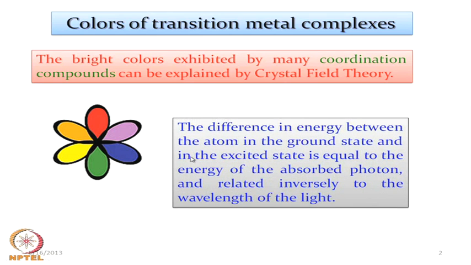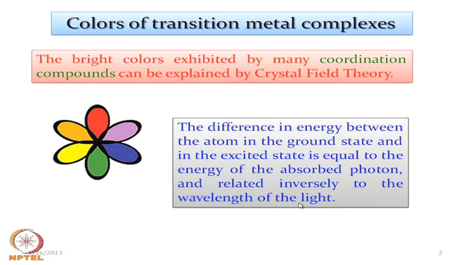The difference in energy between the atom in the ground state and the excited state is equal to the energy of the absorbed photon, which is true for any atomic system, and also true for our molecular systems, and is related inversely to the wavelength of the light.